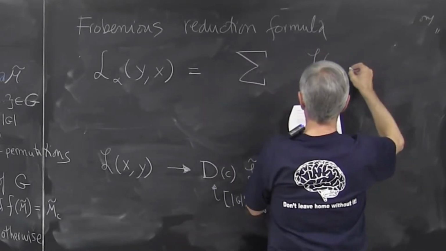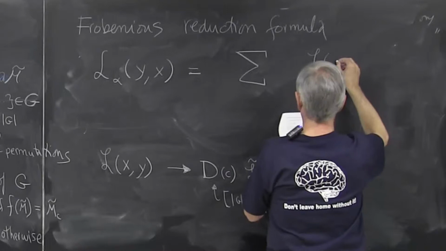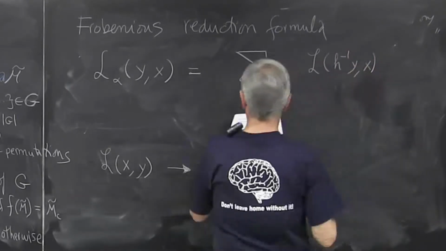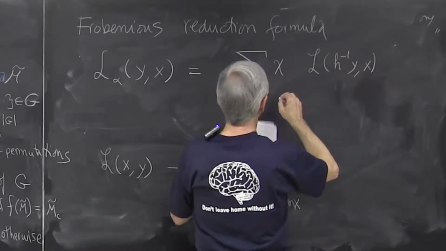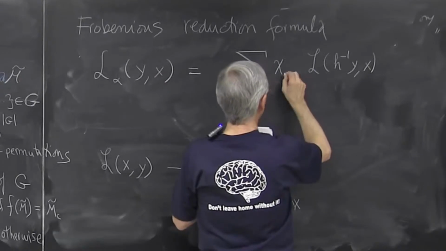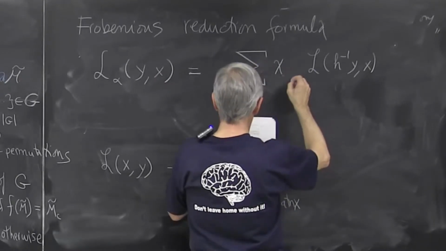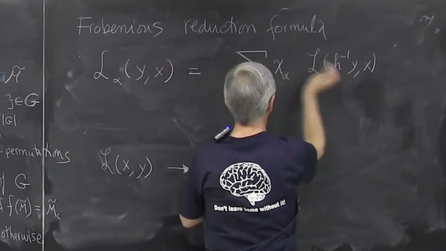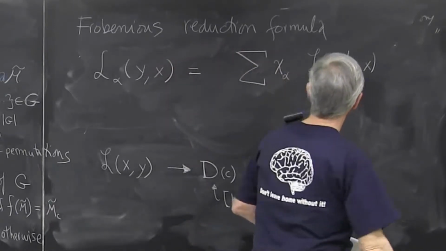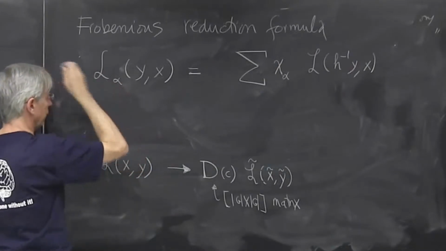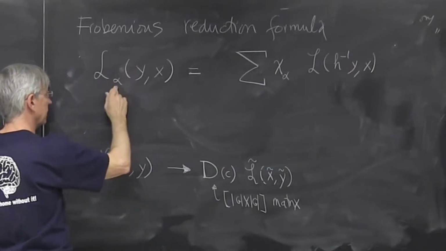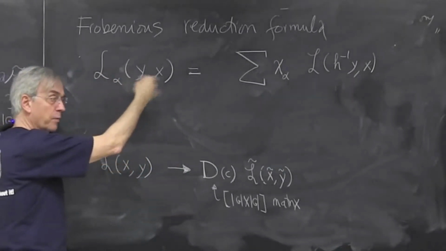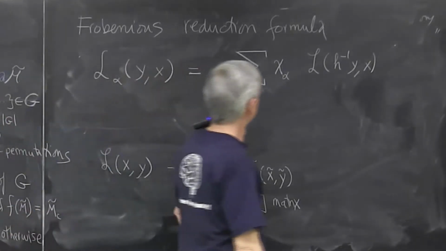I take my original function, I multiply it by something that you've seen in Fourier analysis. There it was called the Fourier coefficient, and in Fourier analysis all representations are one dimensional, and this label is actually momentum, k, that you know.